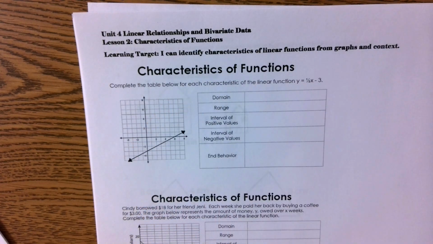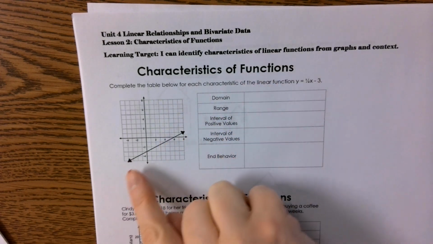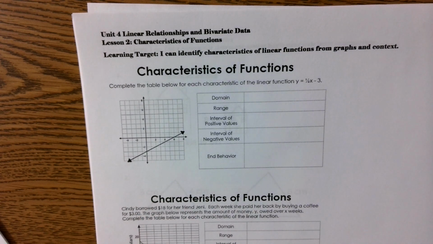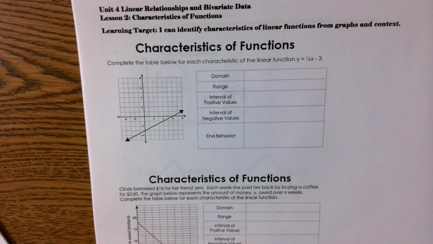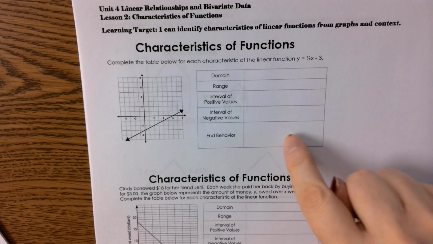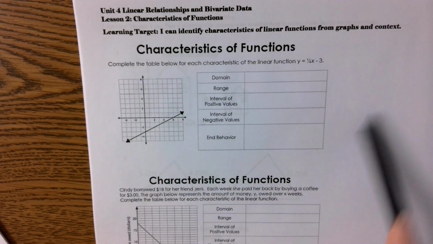We can't show that graph forever, but the arrows insinuate that you're going to continue in this direction and this direction. We don't have specific stopping or starting points, so it's going on forever in both directions. With that being known, what are your potential intervals for your domain and for your range? Then you're going to identify the interval of your positives, the interval for your negatives, as well as your end behavior. So go ahead and do that for this function here.